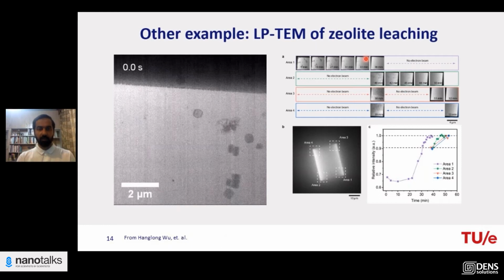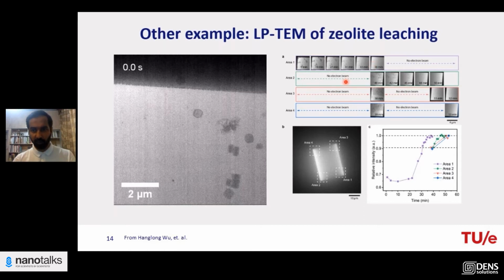The other example, regarding zeolite leaching in Eindhoven, was to understand whether the beam affects the rate of reaction and how it happens for zeolite particles. You can see that when we have continuous exposure, the leaching and disappearance of the zeolite particles happens in 38 minutes.